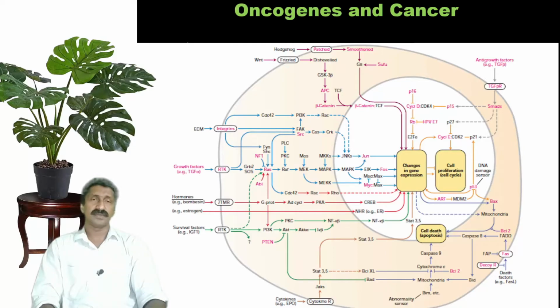So this is an illustration which shows the interaction of various factors such as regulatory elements in the cell. Here, for example, you can have the growth factors, anti-growth factors, cell death factors, cytokines.